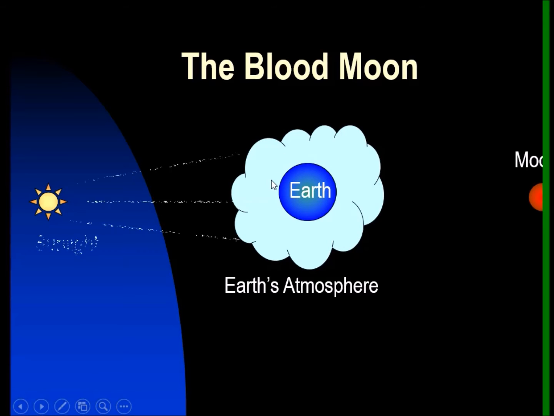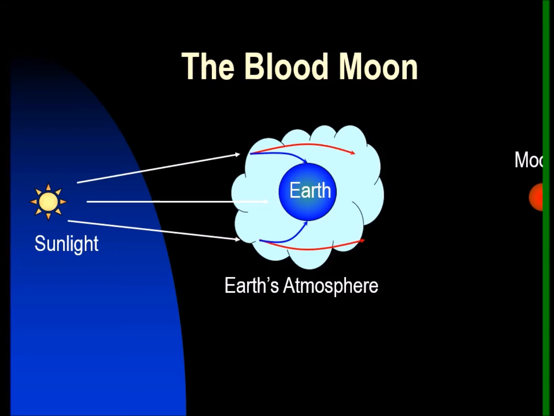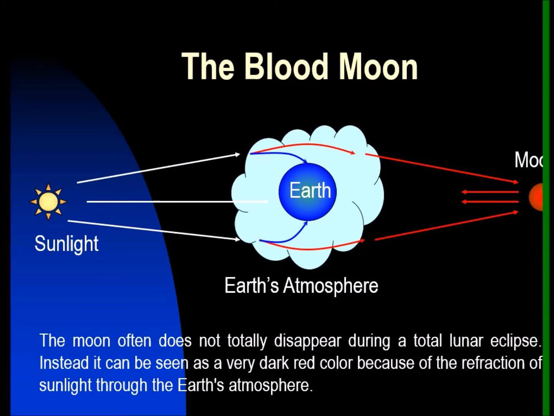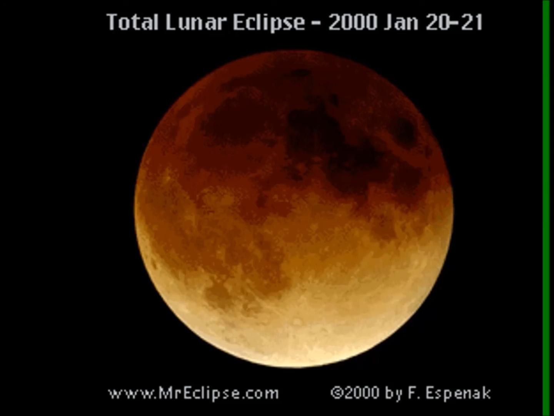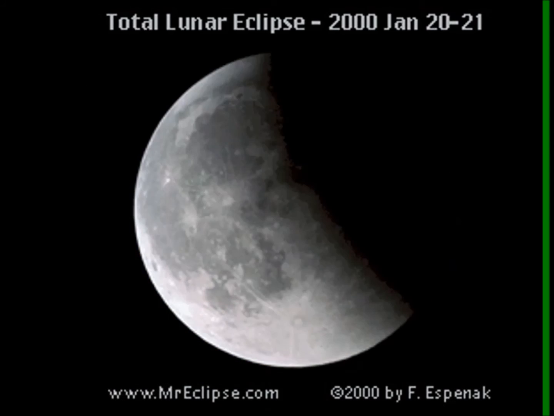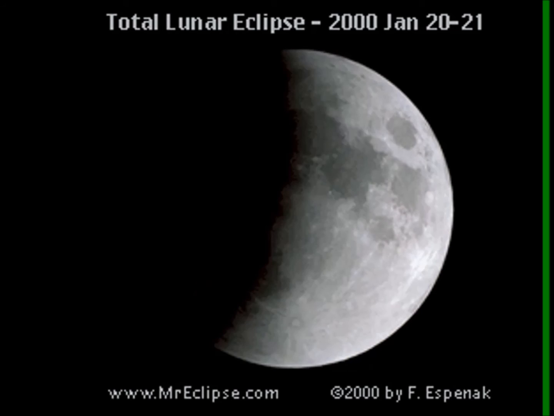Sunlight passes through Earth's atmosphere, and it acts like a magnifying glass almost, and it lets light back through. It filters out all the light except for the reddish light and creates a blood red moon. Quite fascinating. Here's an example of a total lunar eclipse, blood red moon, and then the eclipse leaves.